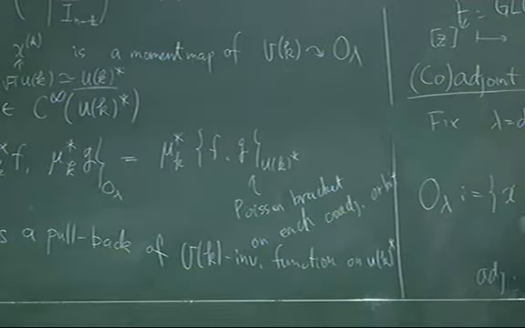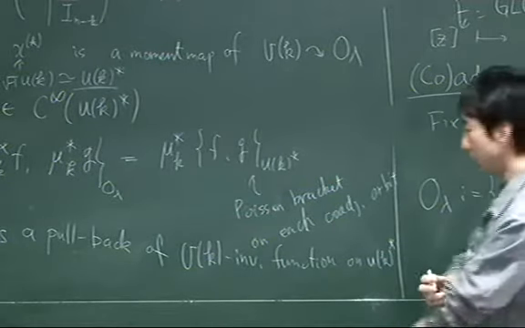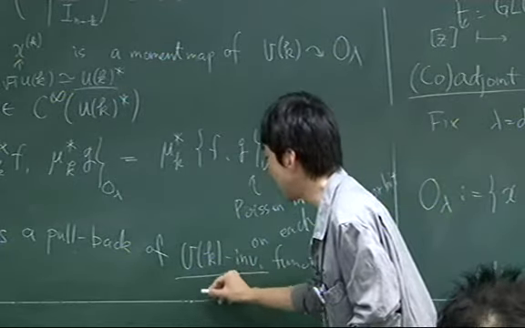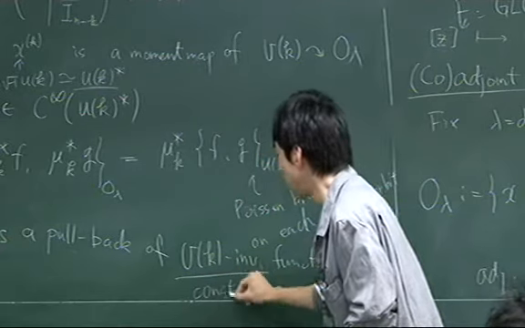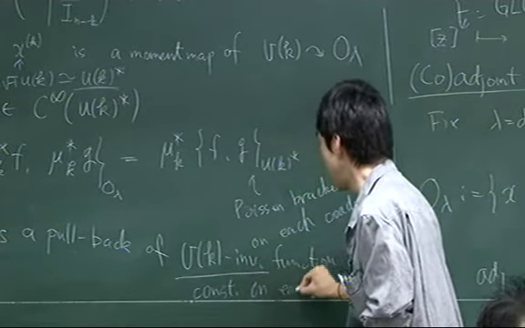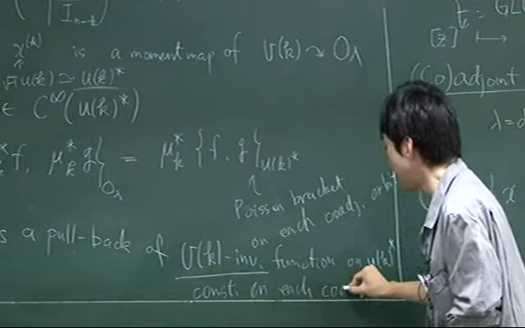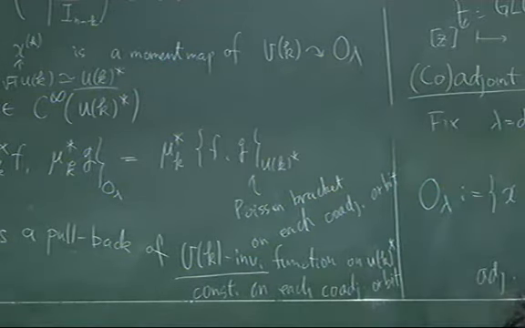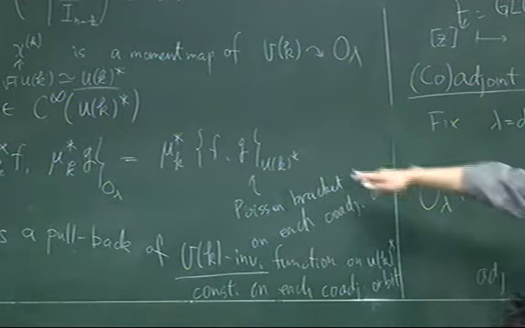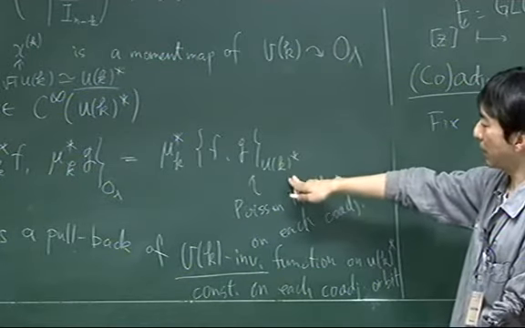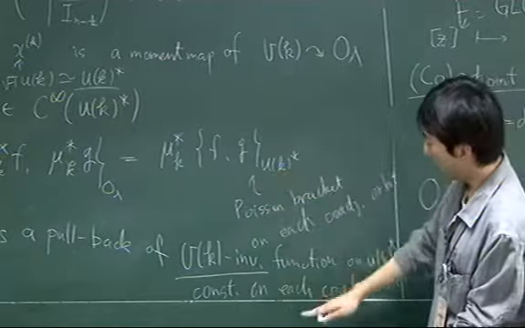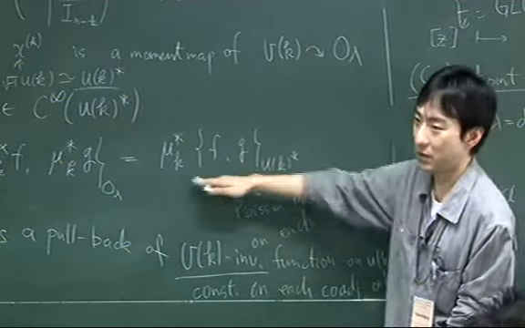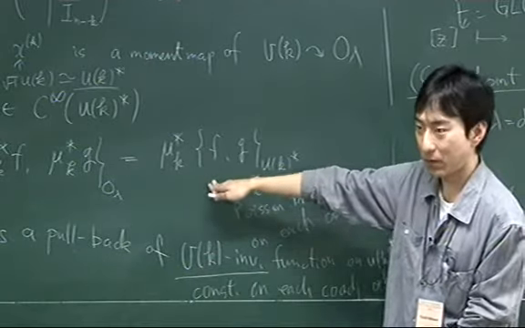This means that this function is constant on each coadjoint orbit. So from this property, if this function is constant on each coadjoint orbit, this Poisson bracket vanishes. So this also vanishes. This is the story of the proof.